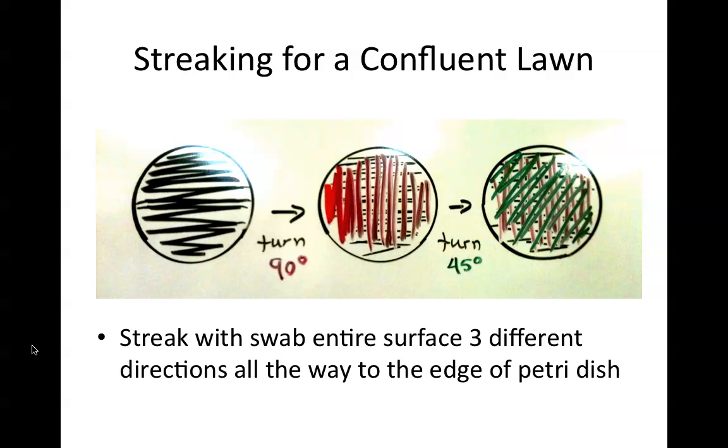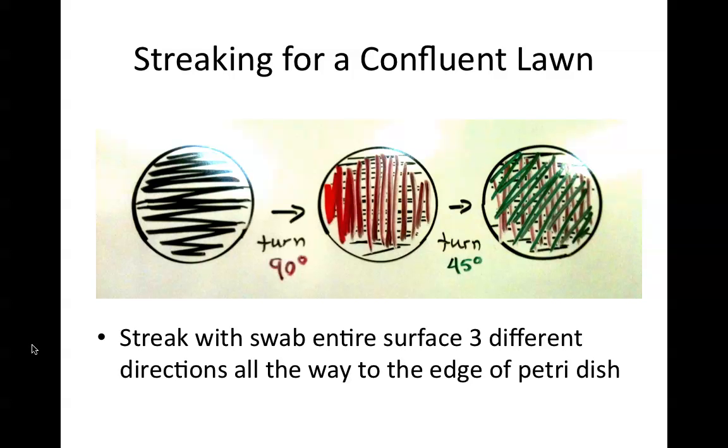Then you're going to turn your agar plate, or in this illustration, you're just going to cross streak that first set of streaks in black. Notice that I've cross streaked over it in red. And you want to, again, keep your streaks really close together, closer than what I've illustrated. And you want to go all the way to the edge of your circle, which is our petri dish. You're going to turn your agar plate another 45 degrees, a sort of a half turn, a little quarter turn, and you're going to cross streak again.